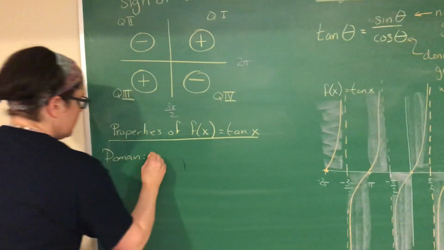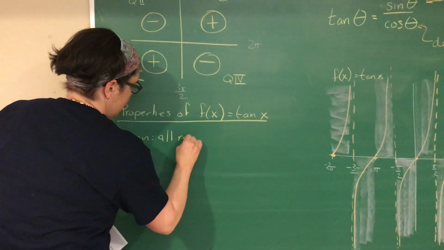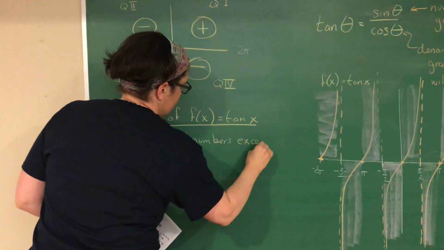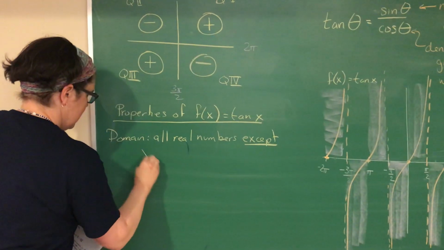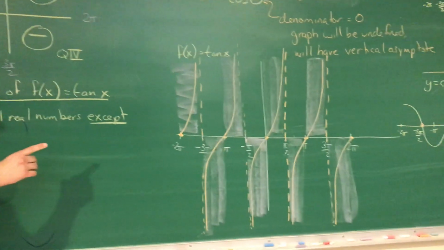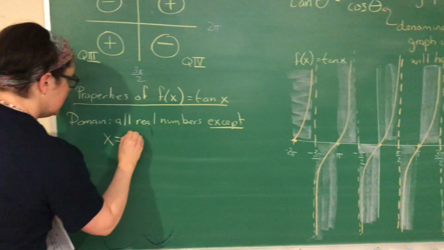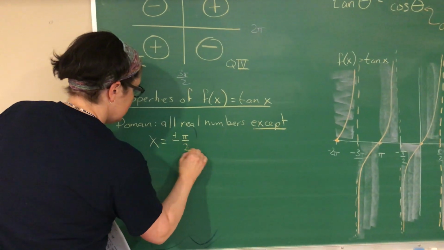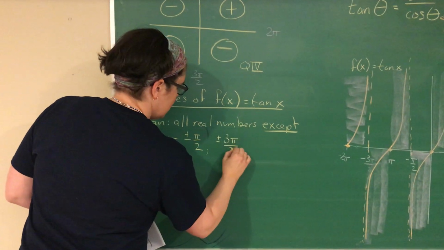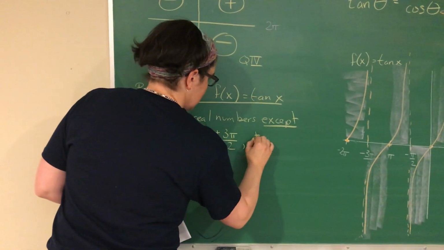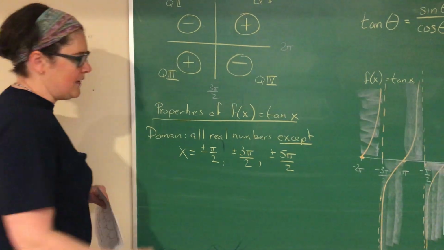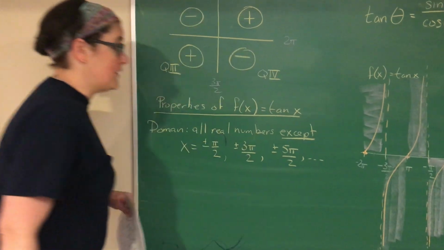So the domain is all real numbers except x equals, those vertical asymptotes occurring at plus or minus pi over 2, plus or minus 3 pi over 2. And if I wanted to keep going, I would have plus or minus 5 pi over 2, plus or minus 7 pi over 2, etc.